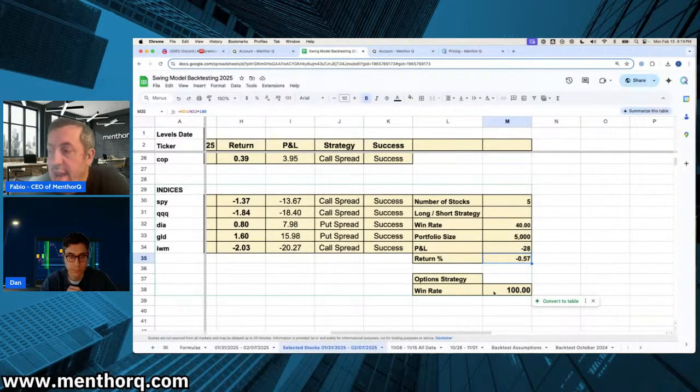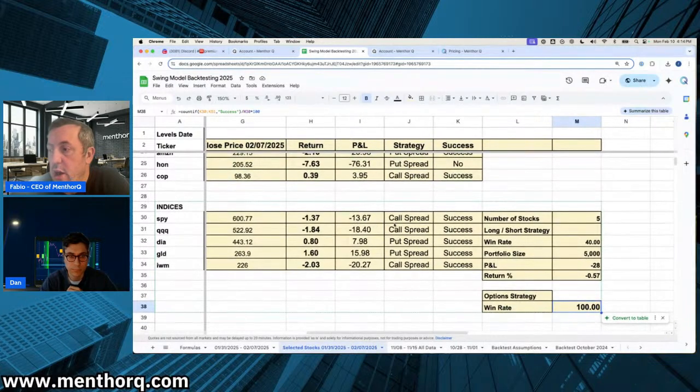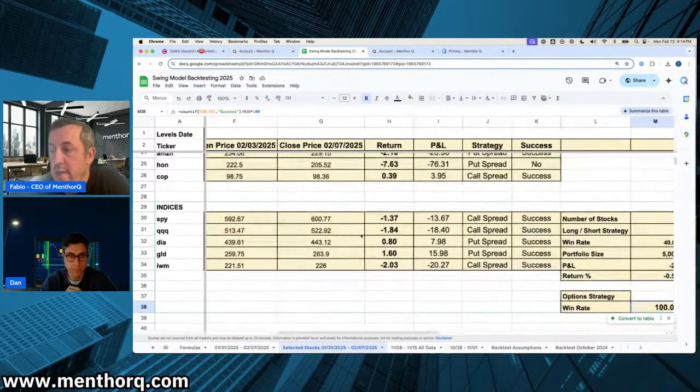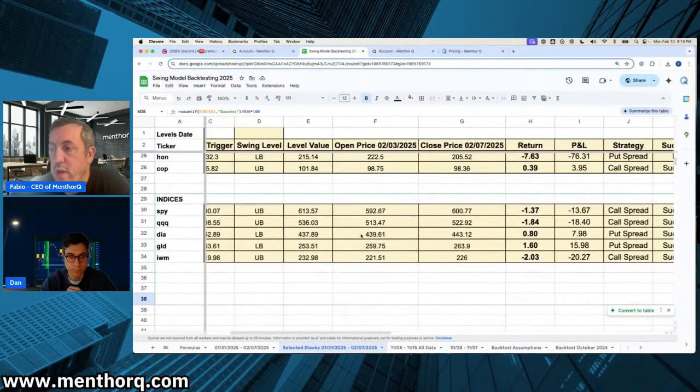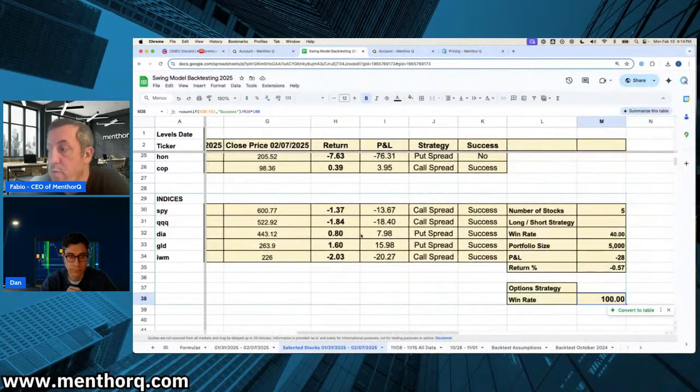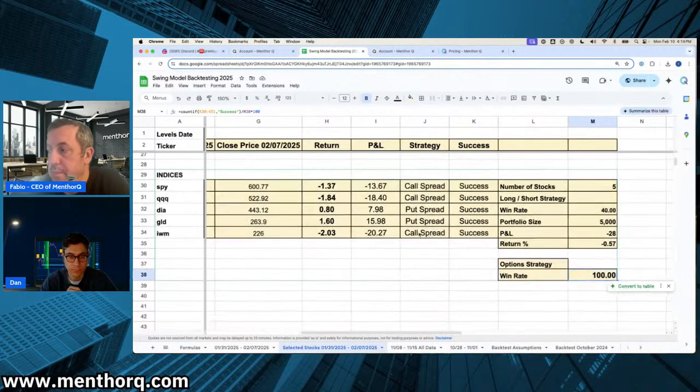But our option strategy, and this is what's interesting, actually returned a 100% win rate. So even though our long short didn't really work as well for these 5 assets, our option selling strategy would have worked perfectly because the indices stayed above the level across the week, even though the market moved quite a bit last week.